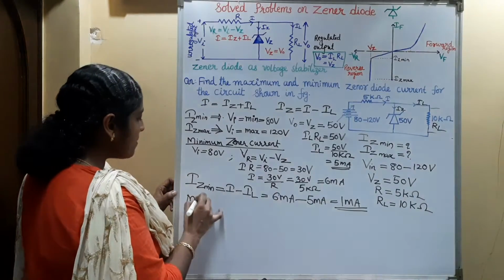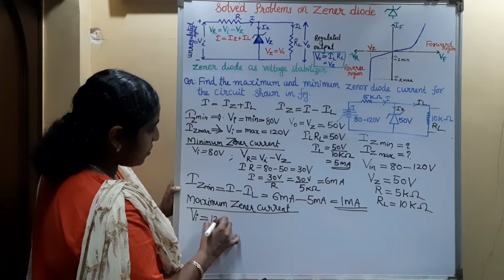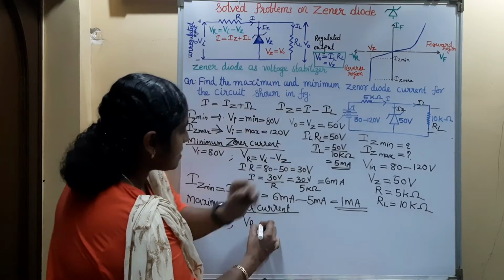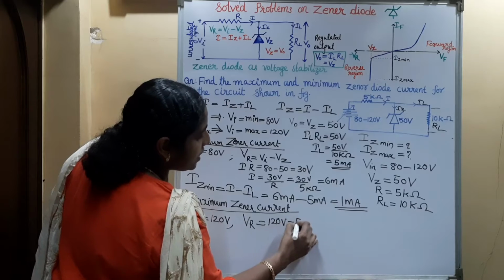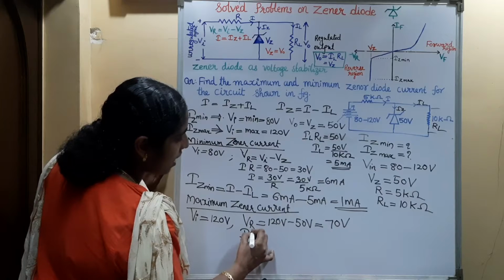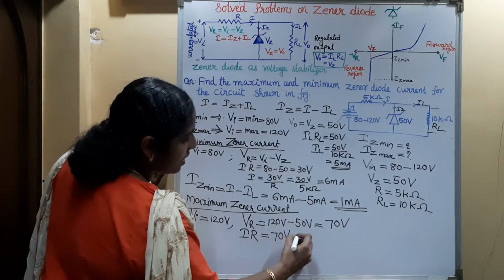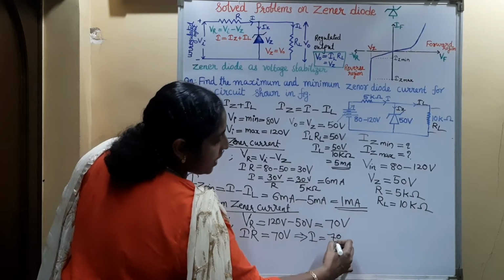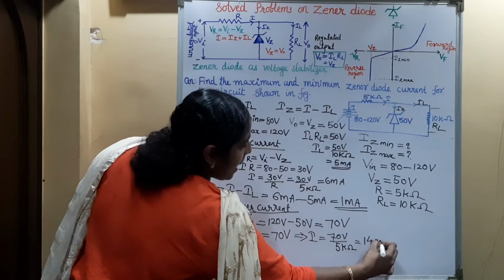Now to find out the maximum Zener current, the input voltage here will be maximum, that is equal to 120 volt. So what will be the voltage drop across the series resistance? That is equal to 120 volt minus 50 volt, that is equal to 70 volt. So this IR is equal to 70 volt. So this I is equal to 70 divided by resistance, that is 5 kilo ohm, which is equal to 14 milliampere.